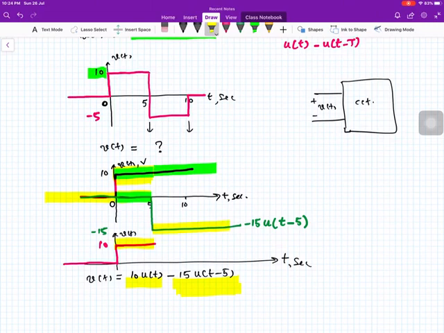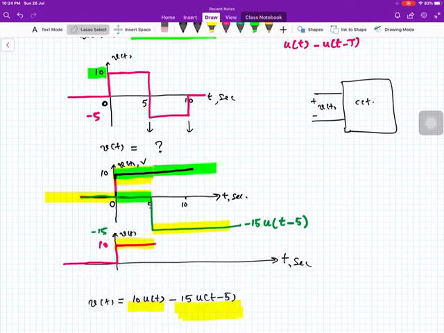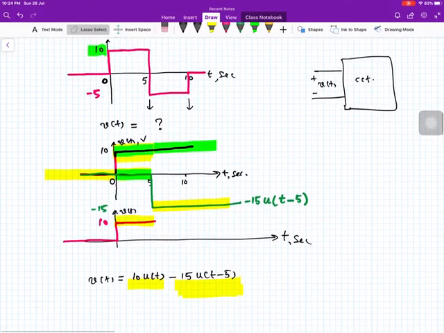So what is the result of this operation? We are subtracting one signal from the other. So this amplitude is 10 and this is minus 15. It is clear that 10 minus 15 is minus 5. So this is minus 5.